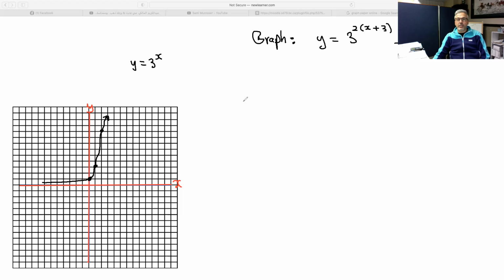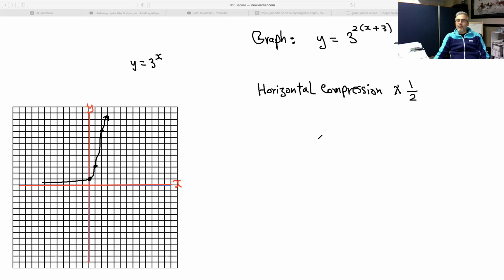Now we can graph this using transformations. If we're looking at what's happening in transformations here, we have this 2 right in front of the x. So it means horizontal compression, and you multiply the x value by 1/2.